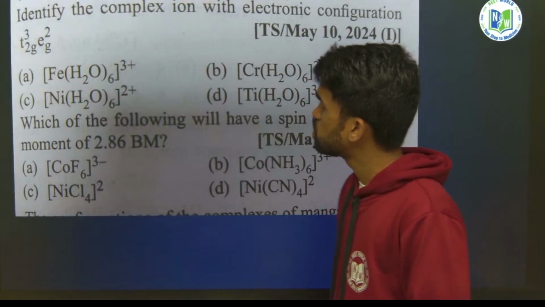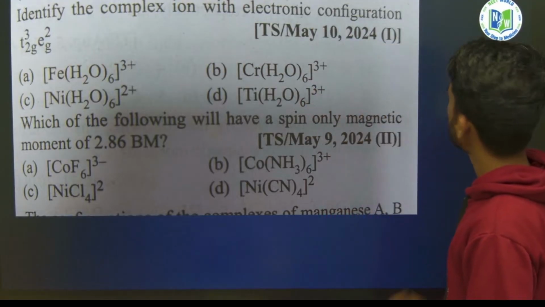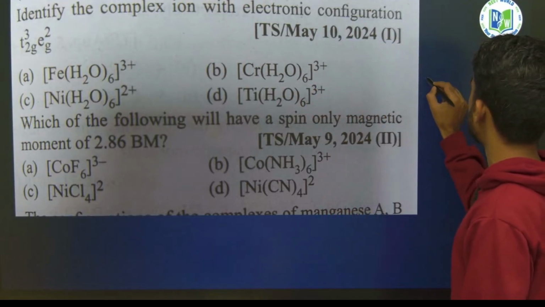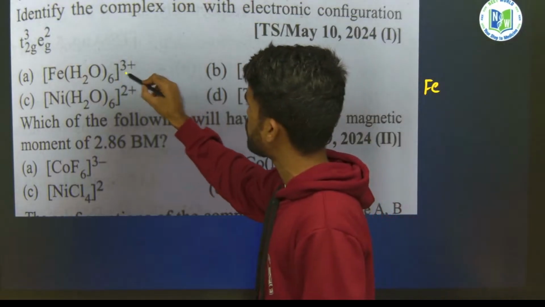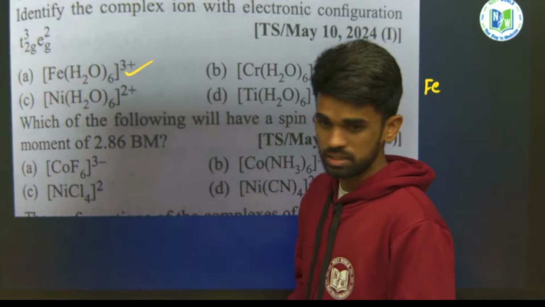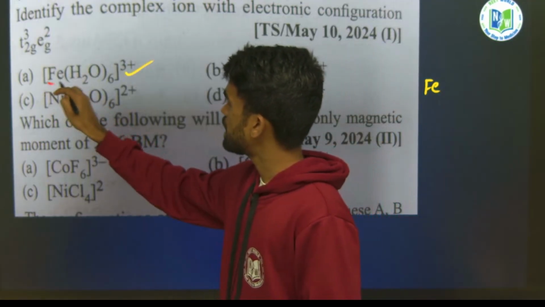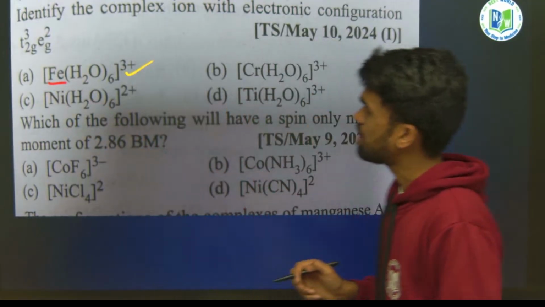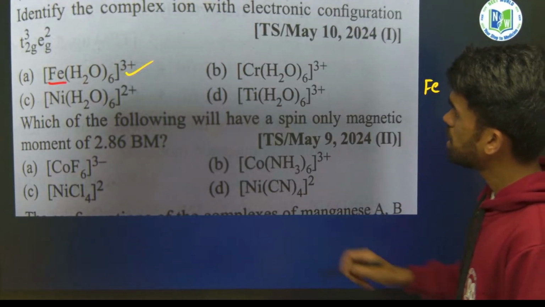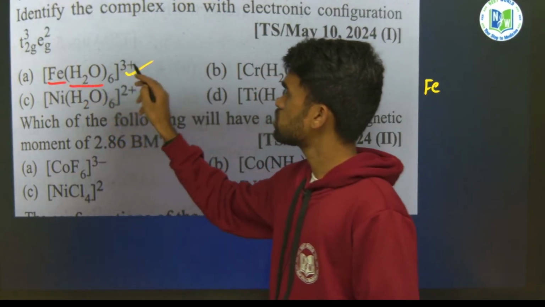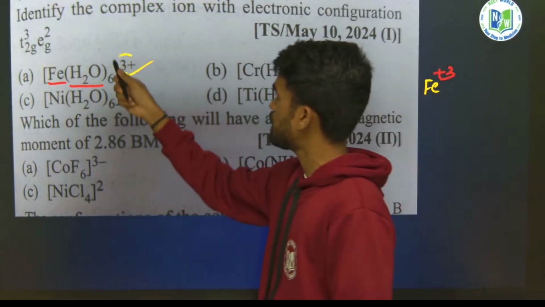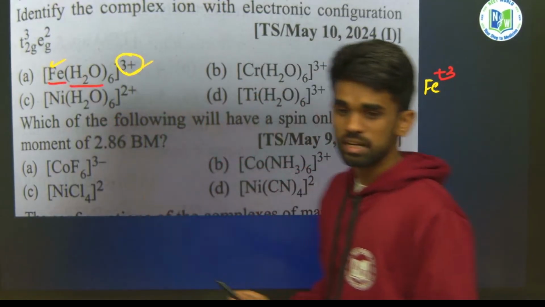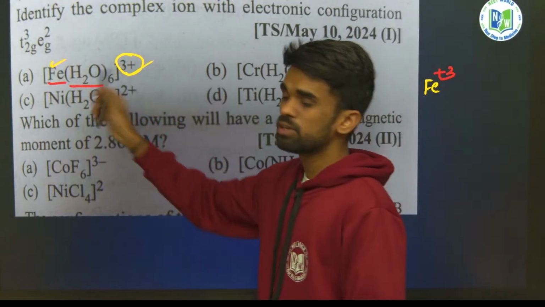t2g3 eg2 means, first of all you need to know the crystal field theory. First I will tell you for one compound, you will be able to do it for others. What is the central atom here? Iron. What is the oxidation state? These are neutral ligands, so oxidation state will be +3. Whatever the charge present on the complex, that will be the oxidation state of that atom if the ligands are neutral.